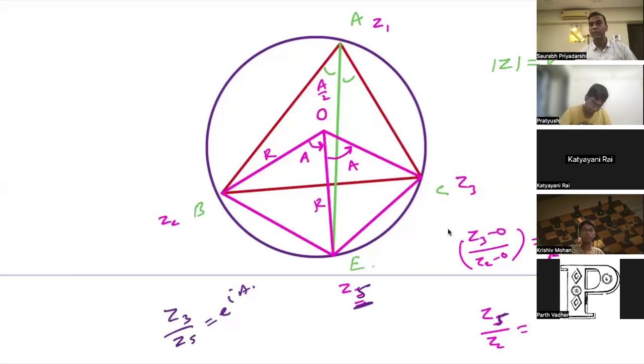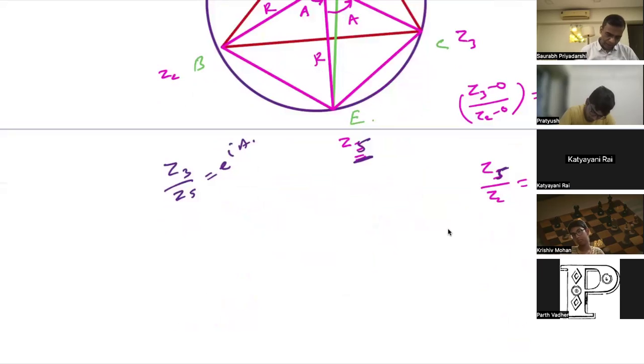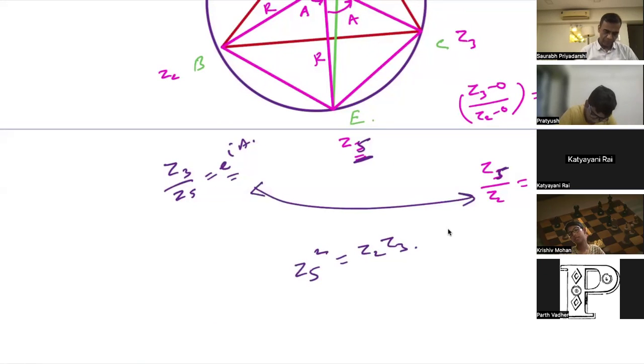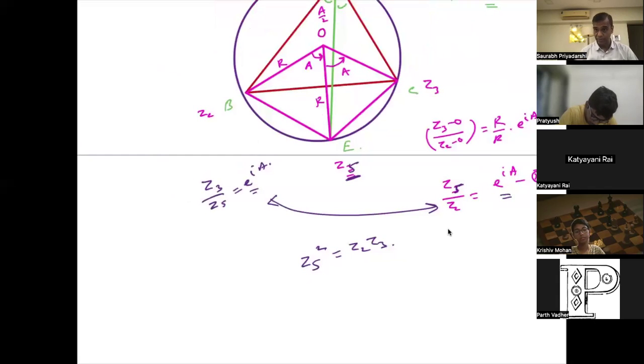Is this okay, everyone? You're saying reflection, I'm saying rotation, right? Since both the rotations are equal, I can say Z5 square is equal to Z2 Z3. Both are equal. Or you can say similar triangles, right? So Z5 is equal to plus or minus under root of Z2 Z3.